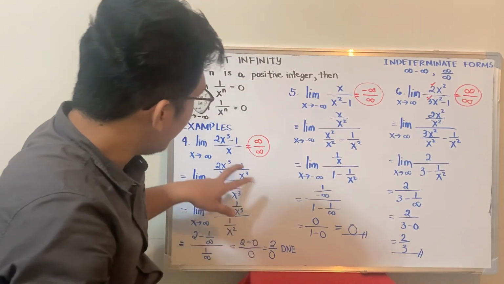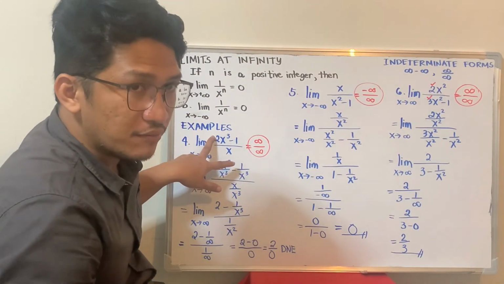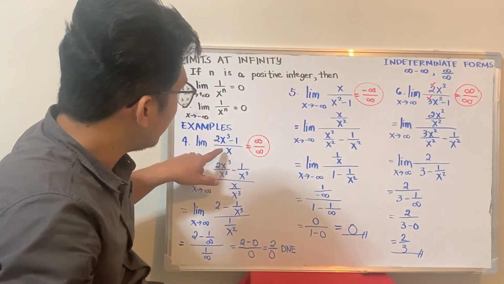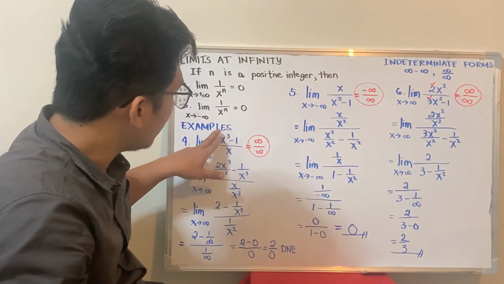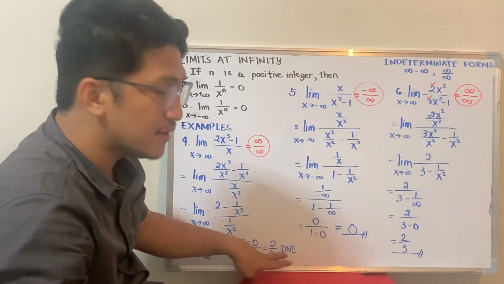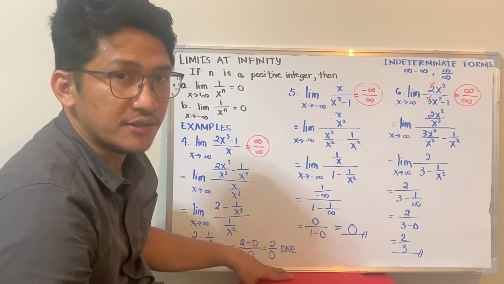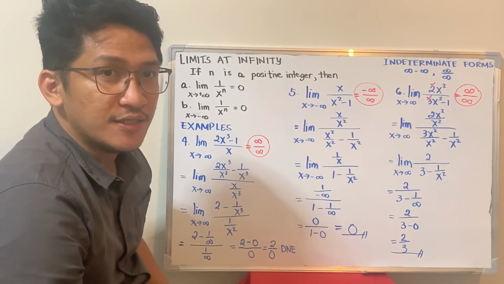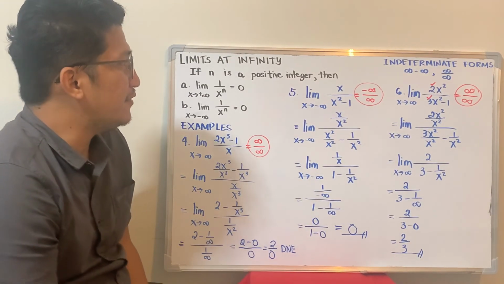And lastly, if the numerator has a greater degree than the denominator, the result is always DNE, or the limit does not exist. So, that's it guys for limits at infinity.